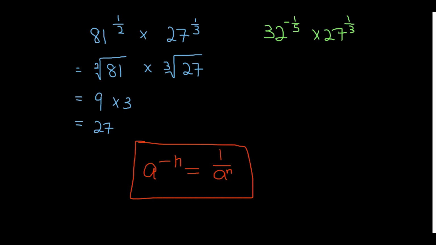So how would I write 32 to the power of minus 1/5 so that I don't have a negative power anymore? If I have 32 to the power of negative 1/5, right? And I want to rewrite it so that I no longer have the negative power, how am I using my rule here to change this so that I no longer have that negative power?